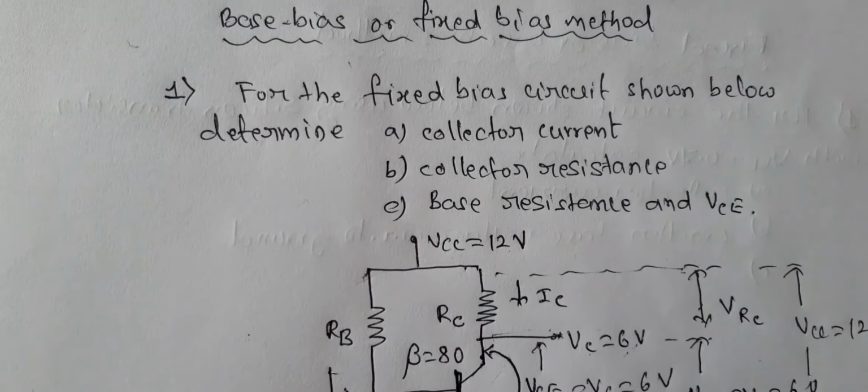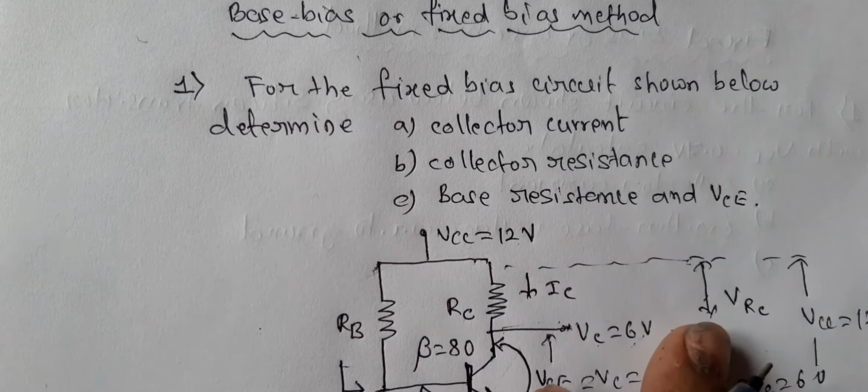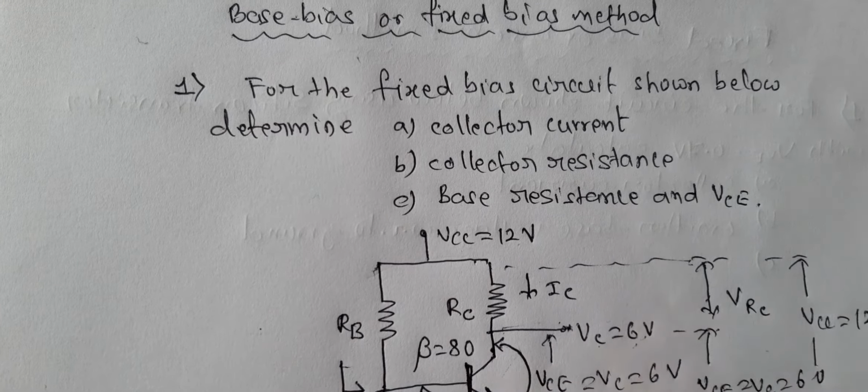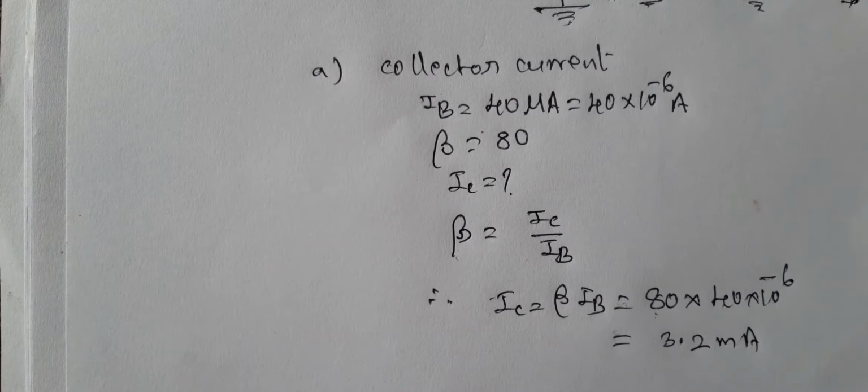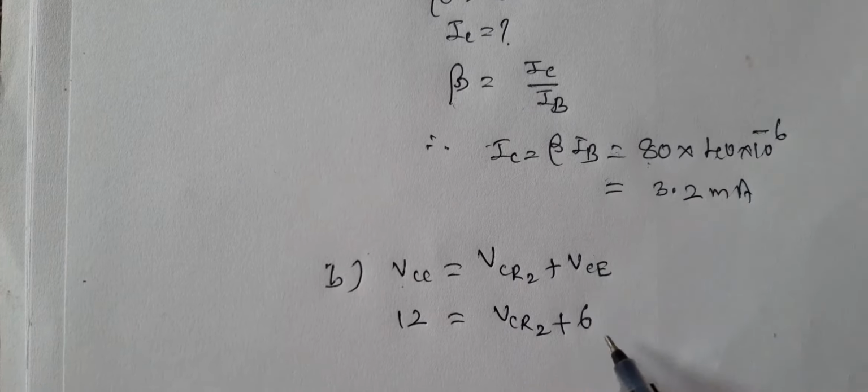That is, VCC is 12 volts, VCE is 6 volts.